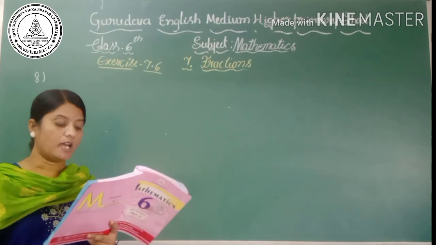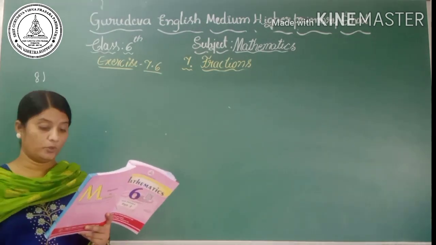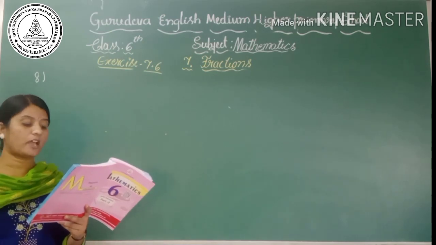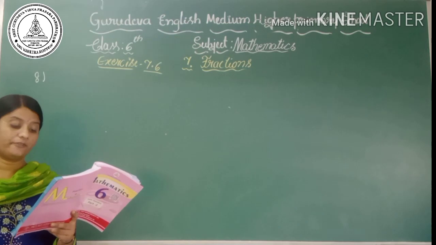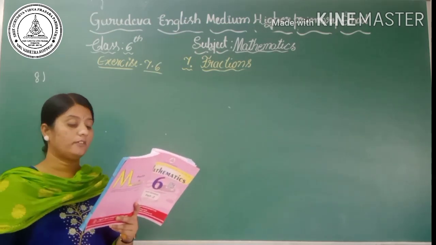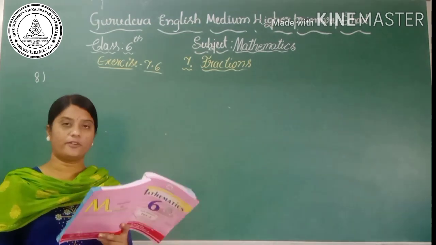8th question. Asha and Samuel have bookshelves of the same size partly filled with books. Asha's shelf is 5 by 6 full and Samuel's shelf is 2 by 5 full. So whose bookshelf is more full, and by what fraction?